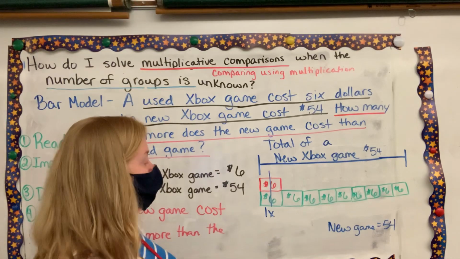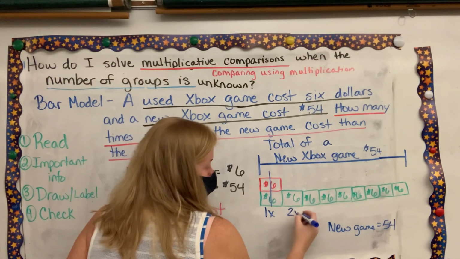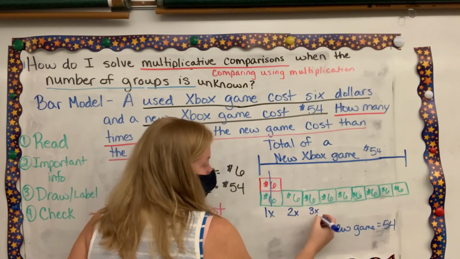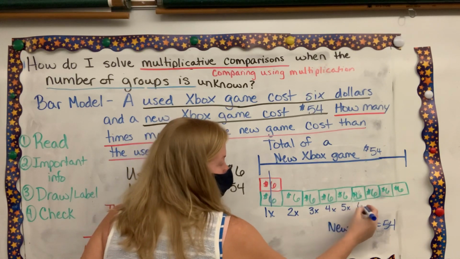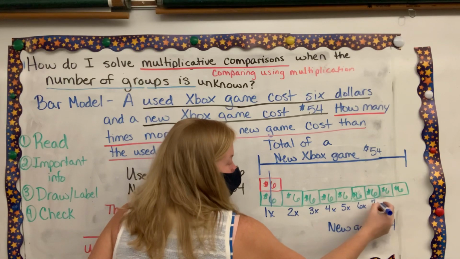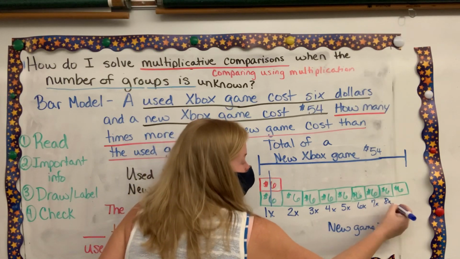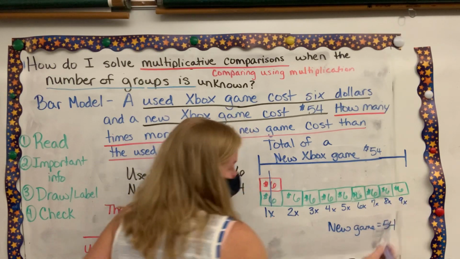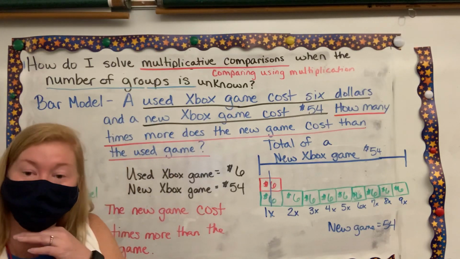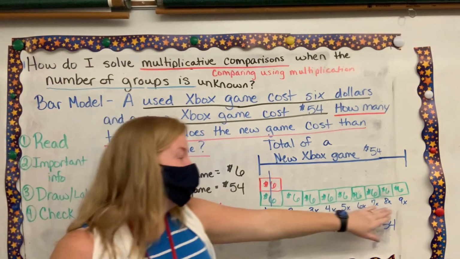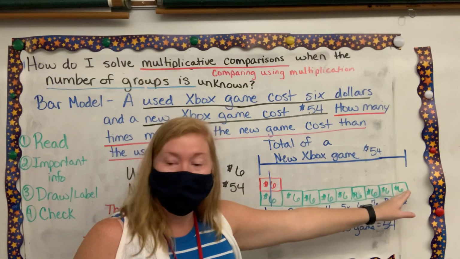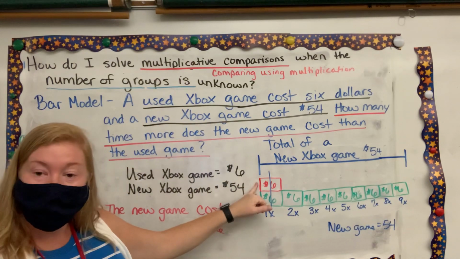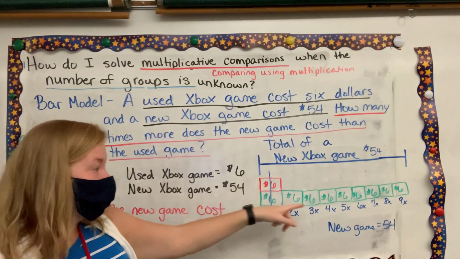So you go 1 times, 2 times, 3 times, 4 times, 5 times, 6 times, 7 times, 8 times, 9 times. So it's how many times more is it there? It is there 9 times more because there are 9 of the boxes here and only 1 of them here, and 1 times 9.